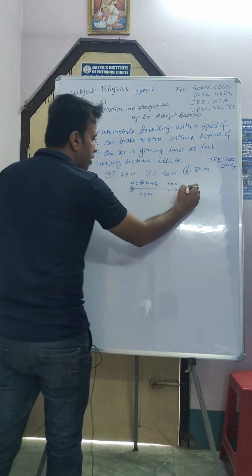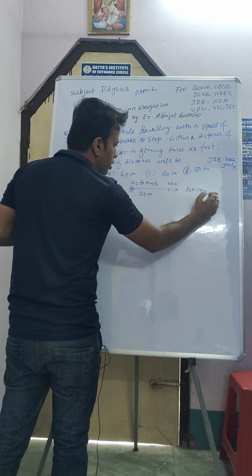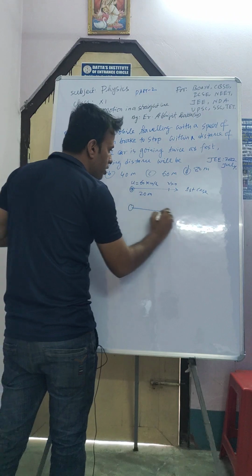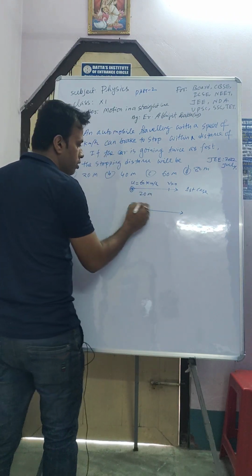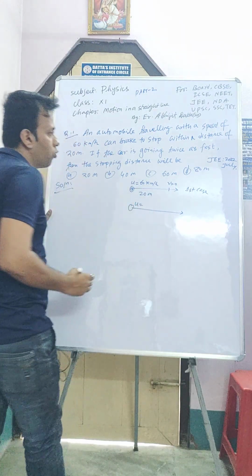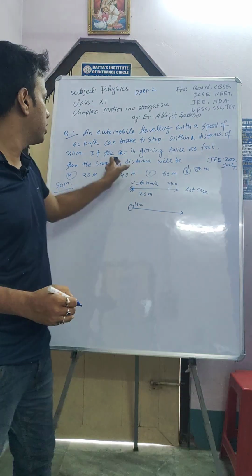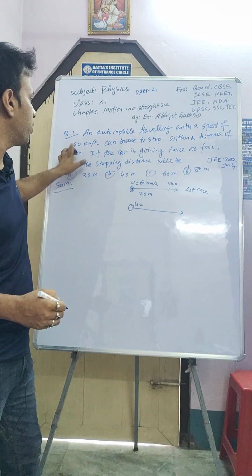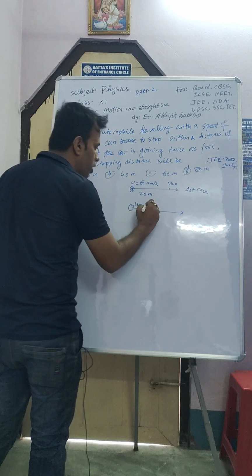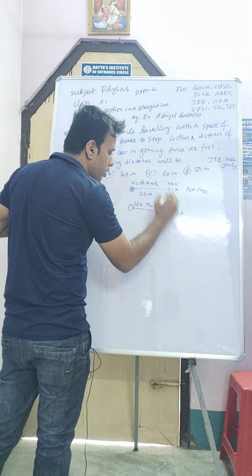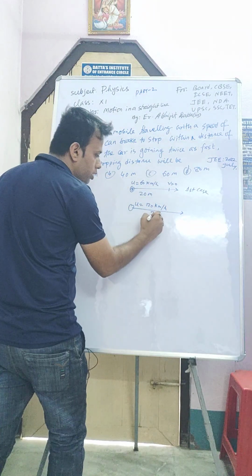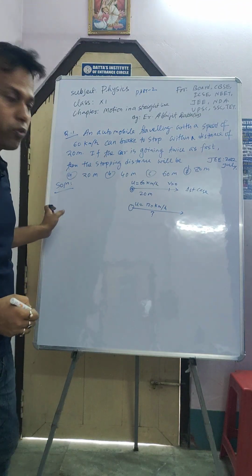Here v will be 0. This is the first case. In the second case, the car is traveling with a velocity twice the previous one. If I double this, it becomes 120 km per hour. Then what will be the stopping distance? We have to find out.